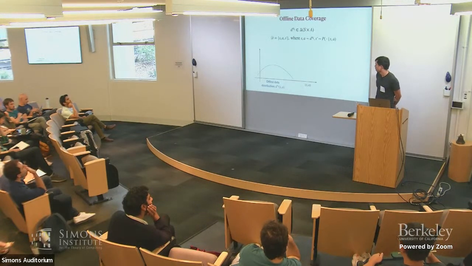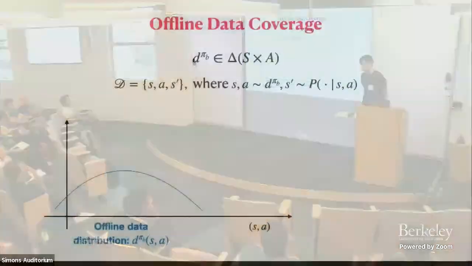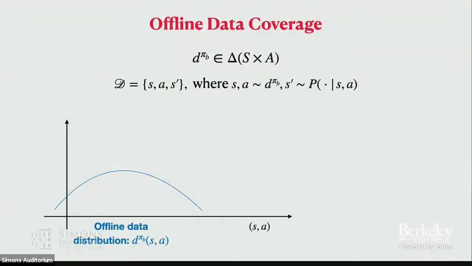As I said, we will focus on the setting where the offline distribution does not have sufficient coverage. Let me simplify this problem. Let's use this x-axis to represent the state action space. I have a distribution that looks like that. This is the distribution over state action pairs induced by my offline policy.